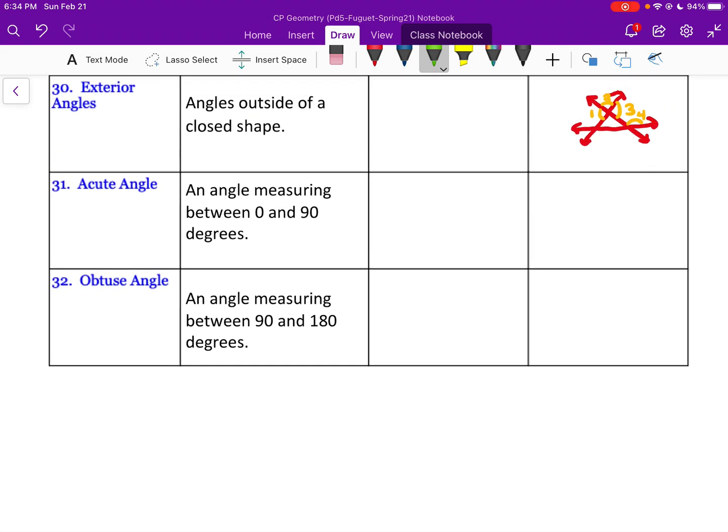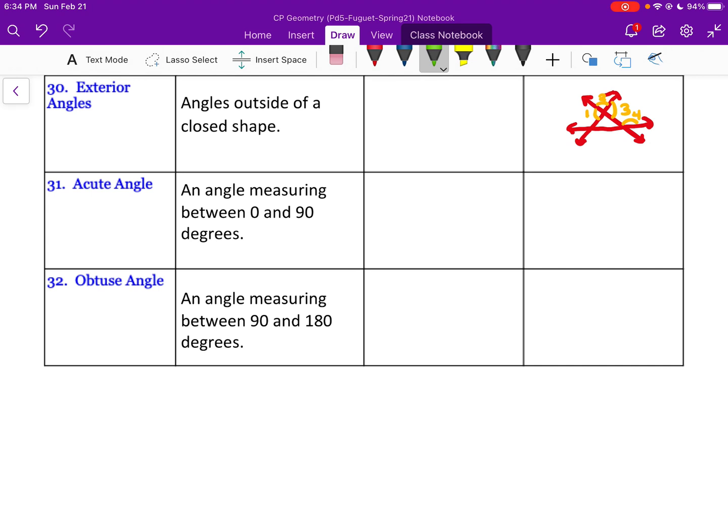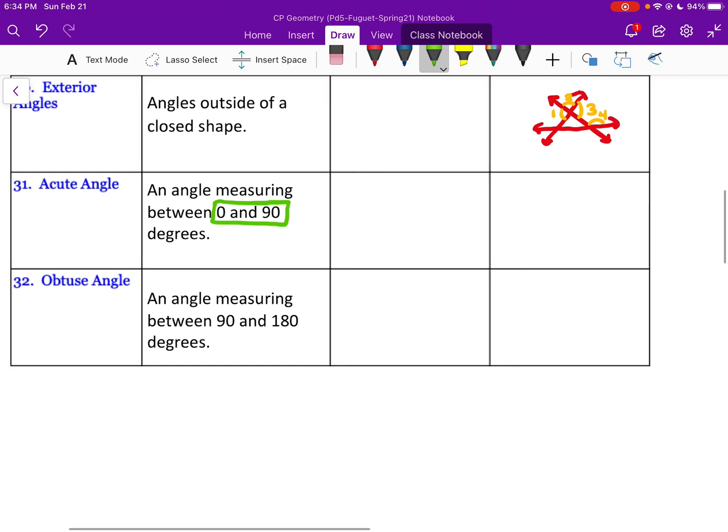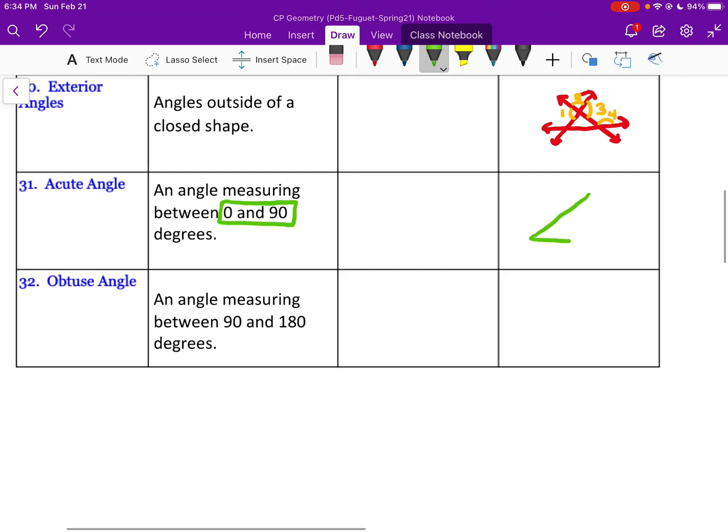All right, so terms 31, 32, 33, and maybe 34, I'm sure that you guys have heard of before. So we'll talk about these briefly. So 31 is an acute angle, right? The big thing here is it's an angle with a measure between 0 and 90 degrees. So maybe it looks something like this. That's definitely less than 90 degrees.